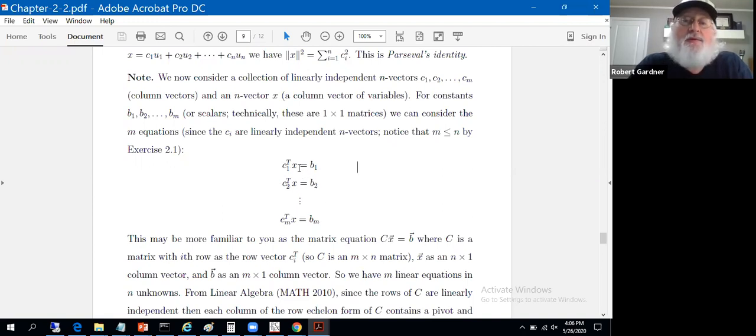N unknowns, the components of x, it's a vector from Rn, an n vector, as Gentle likes to say, and m equations, one for each of those m vectors, c sub 1 through c sub m. Transpose gets thrown in, so the matrix product makes sense.